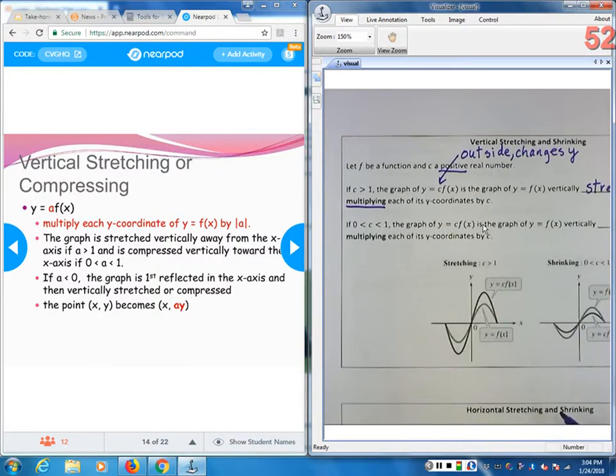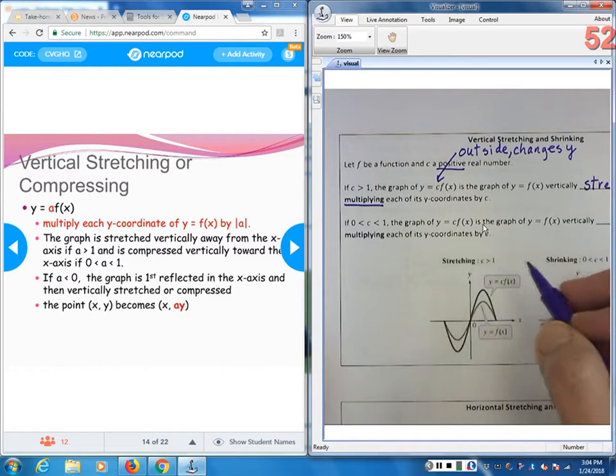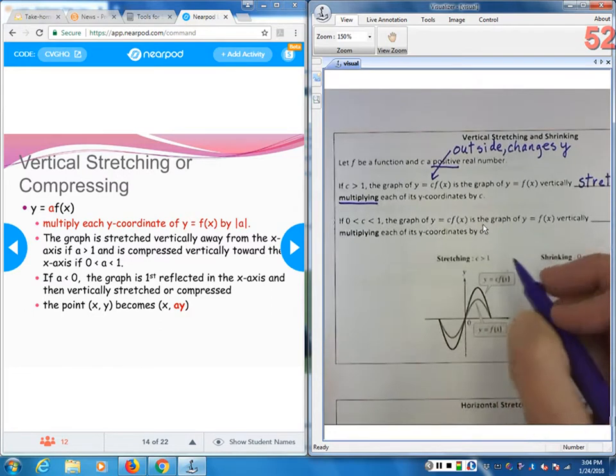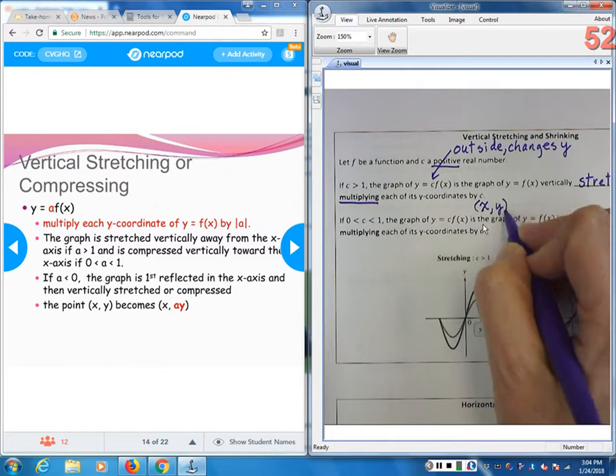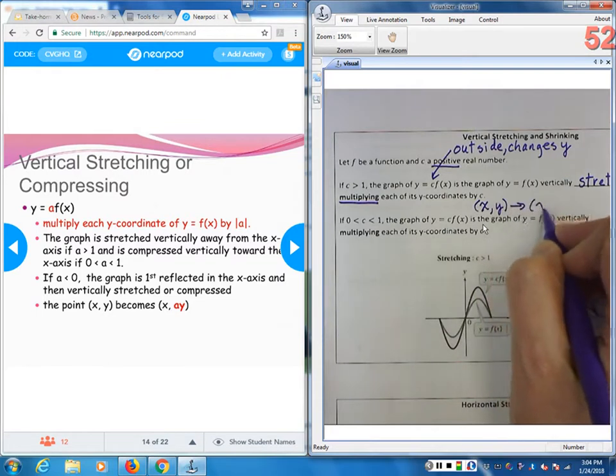So on the slideshow, yeah, it shows that the point (x, y) becomes (x, C times y).